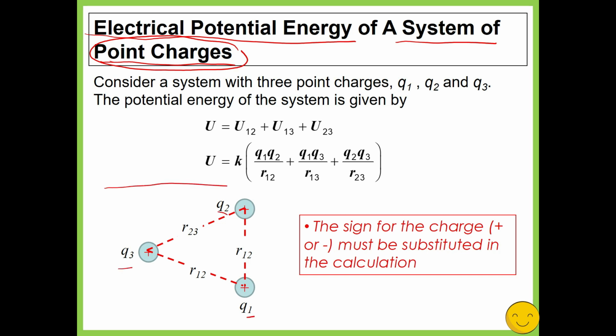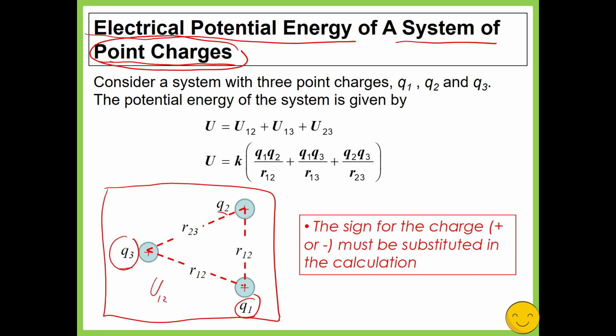In this system, we can see that there is an interaction between Q1 and Q3, so it's going to be U13. The interaction between Q2 and Q3 gives a potential energy U23. And we also have an interaction between Q2 and Q1, so for this interaction there will be an electric potential energy of U12.